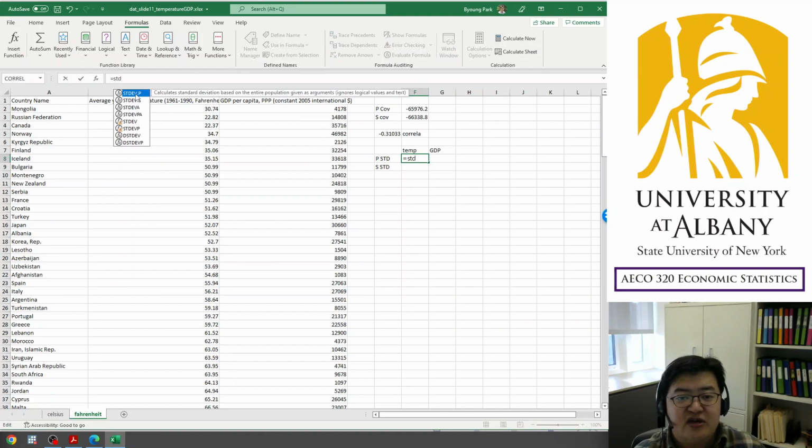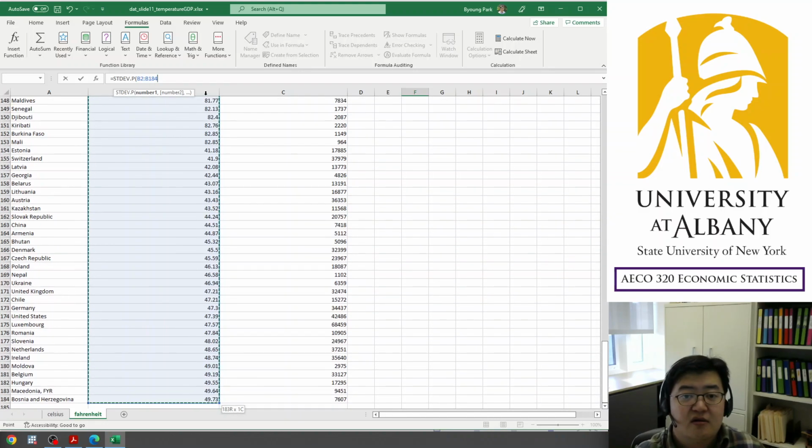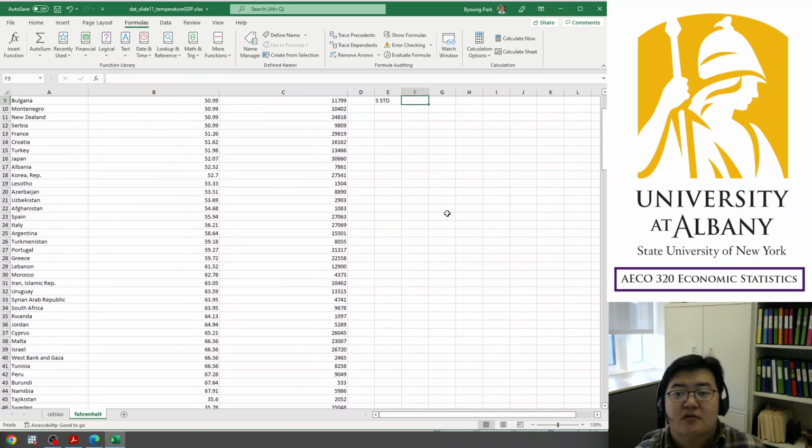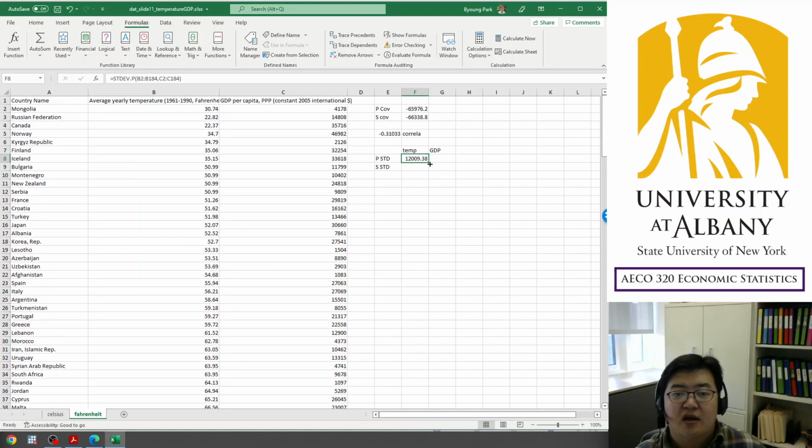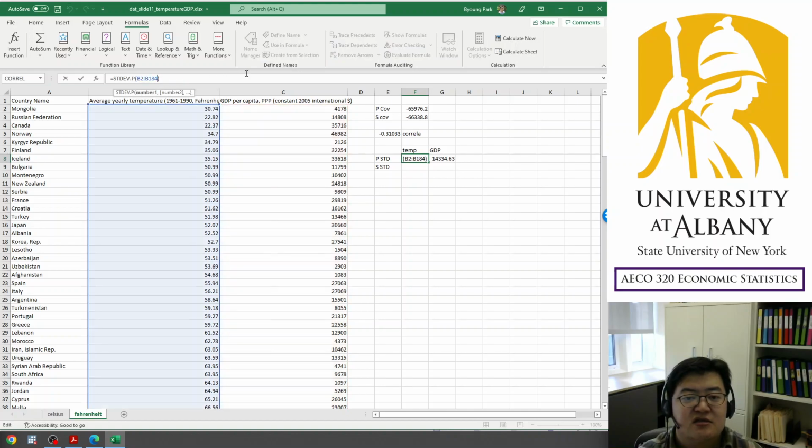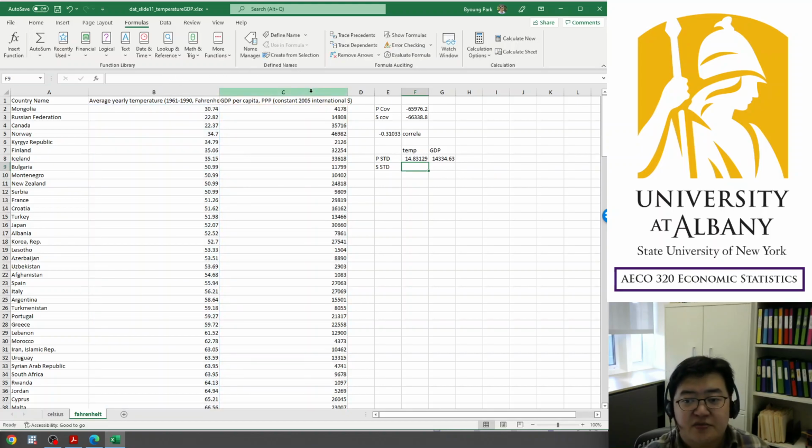We know the standard deviation formula is STDEV.P. So then, again, do it this way, and I will simply drag it to here. Then, oh no. Oh, excuse me. It does not need 2 columns. Excuse me, it's my bad.